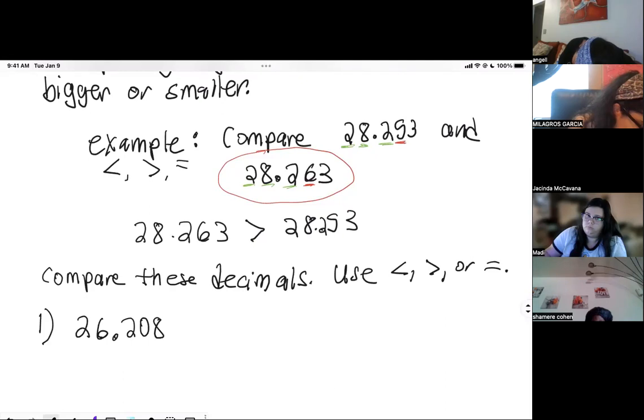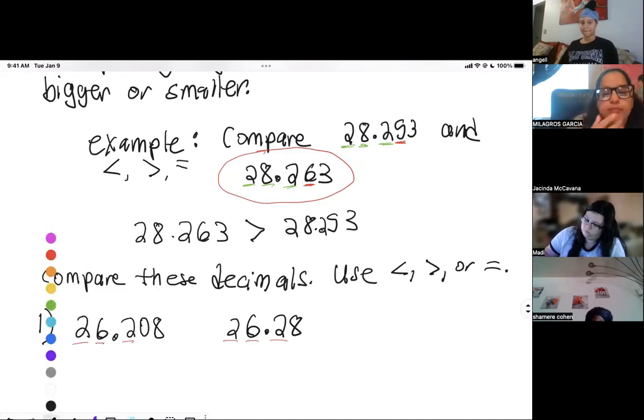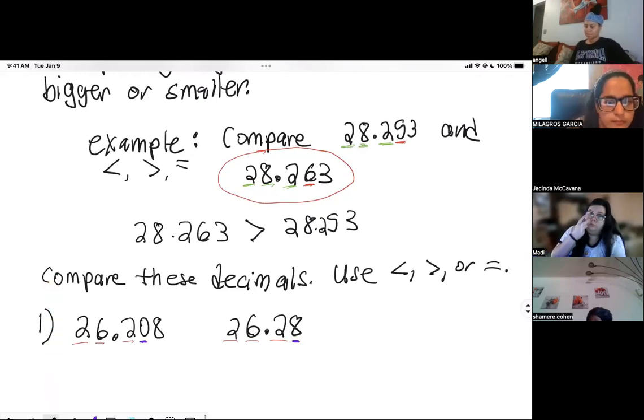And I'll leave a space in between 26.28. So I compare every part, every digit part. So same, not the same. So I'm gonna look, 0 and 8. 8 is bigger than 0, so that second one is the bigger number. So that means the first one is less than, the second one's greater than.